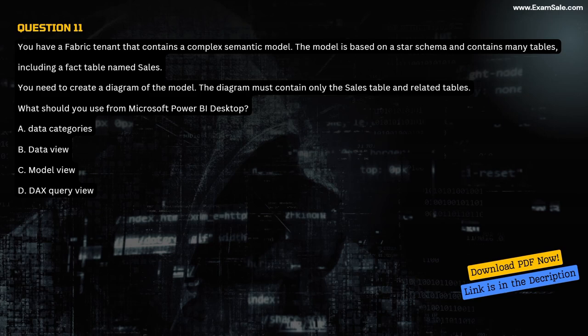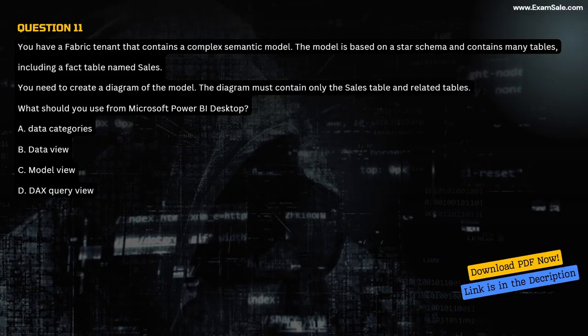Question 11. You have a Fabric tenant that contains a complex semantic model. The model is based on a star schema and contains many tables, including a fact table named sales. You need to create a diagram of the model. The diagram must contain only the sales table and related tables. What should you use from Microsoft Power BI Desktop? A. Data categories. B. Data view.